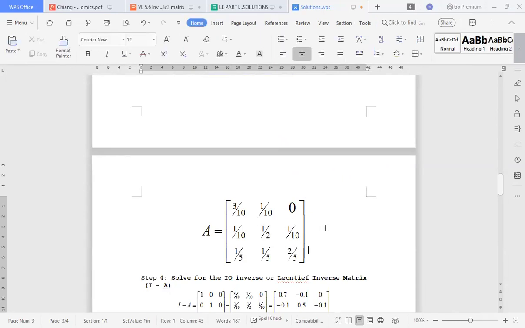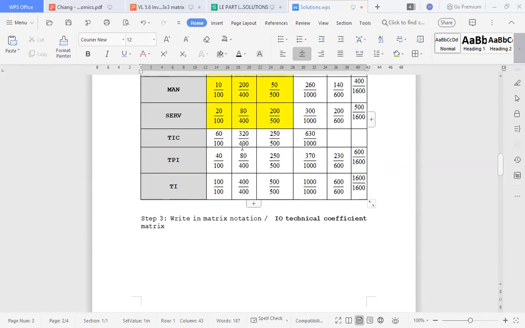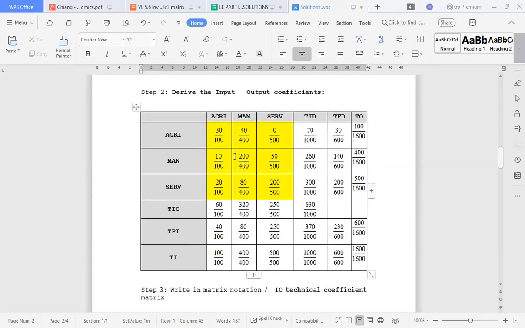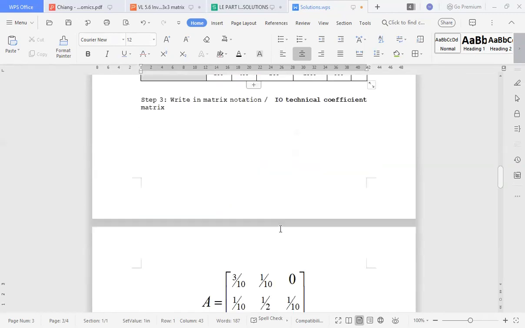You can use either the fraction or the decimal, but if you're not careful with the decimal, you can just go directly with the fraction, because you might round it off even if it's not a final answer. So in that case, just use the fraction. The yellow one here indicates that this is our IO technical coefficient matrix.